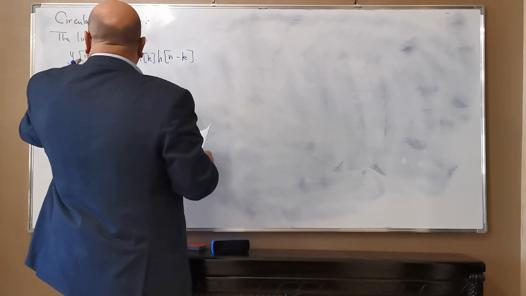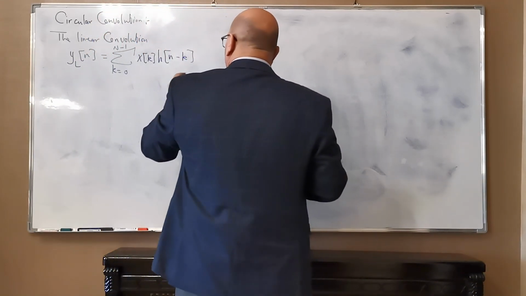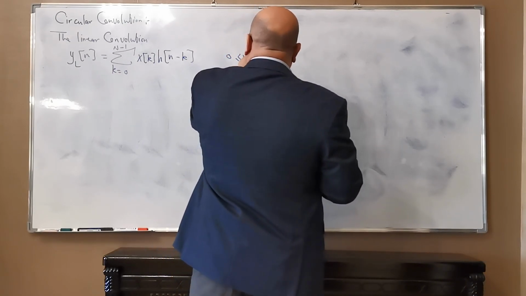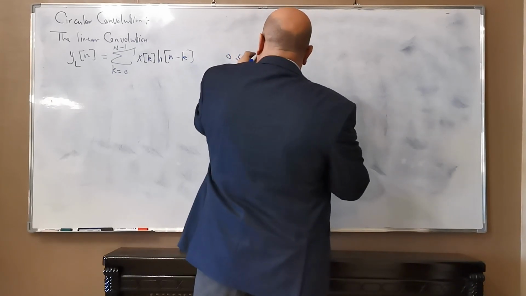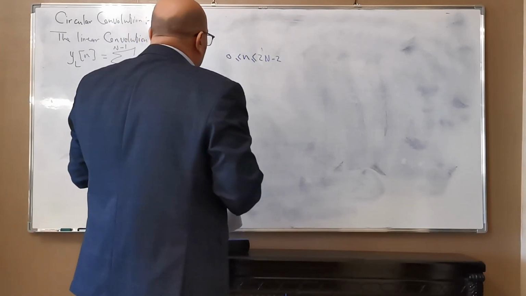Okay, so this one will be evaluated, and you will end up with values for n between 0 and 2n minus 2. Why 2n minus 2?